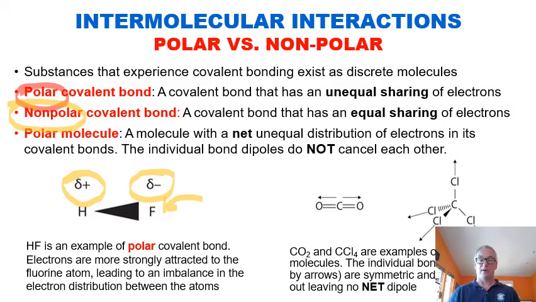Now, nonpolar covalent bonds, they have equal sharing of electrons, like carbon and hydrogen. Their electronegativities are pretty similar. The difference is only around 0.3, 0.4. Very, very small difference. So they share those electrons in their pairs, the pairs that go into a bond, fairly equally.